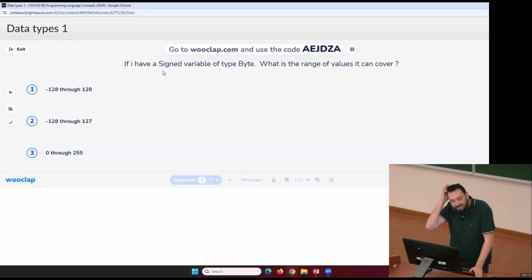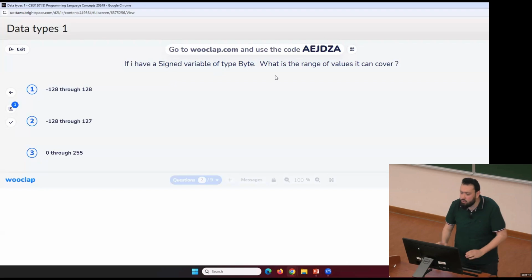Now, if I have a signed variable of type byte, signed, not unsigned, what is the range of values it can cover? Think basic stuff, guys. Imagine you're a third year, fourth year computer science student, you go to an interview and they ask you this question and you cannot use ChatGPT or Google it.